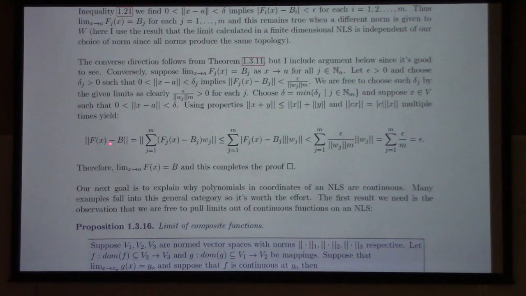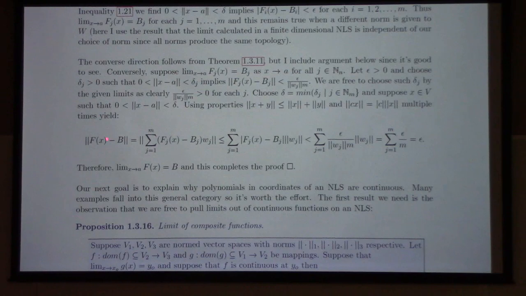And then you just let delta be the minimum of all these. And look at this. This is equal to that, by the m-fold triangle inequality. Use my estimate, less than that. The w_j's cancel, and then you get epsilon over m, summed from j equals 1 to m, but that's epsilon, so woohoo. Is the norm necessarily the Euclidean norm? No, that norm is not necessarily Euclidean.